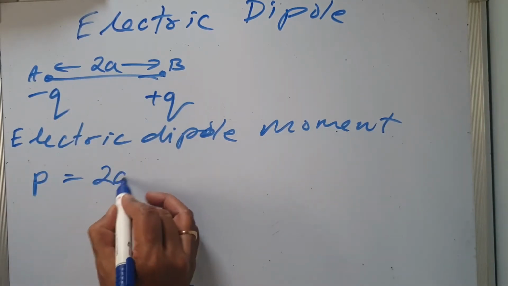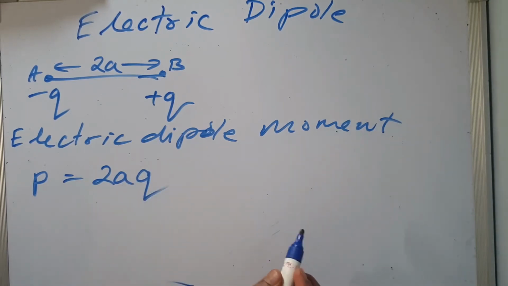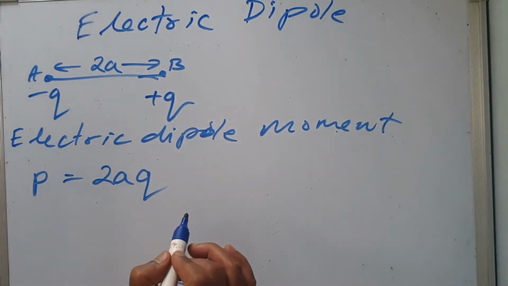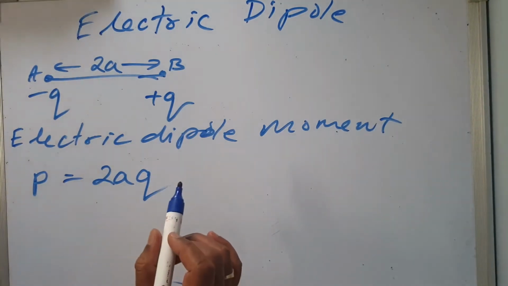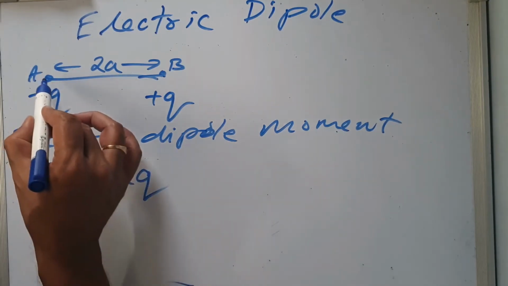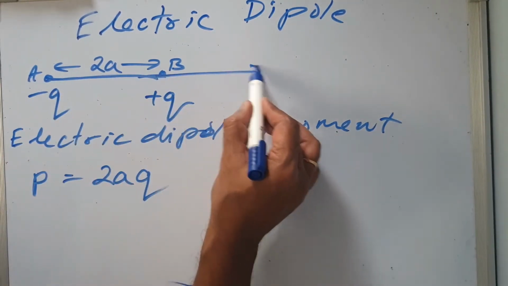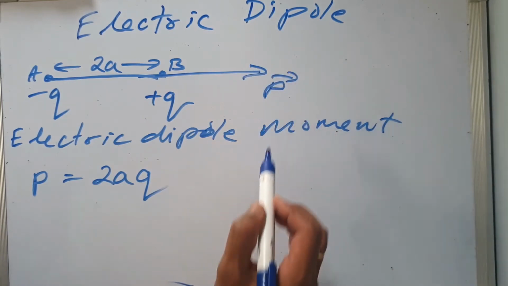The separation between the two charges is 2a, and the magnitude of any one of the charges is q. This is the electric dipole moment. It is a vector quantity, hence has a direction also. The direction is from the negative towards the positive charge. That means this is the direction of the electric dipole moment.